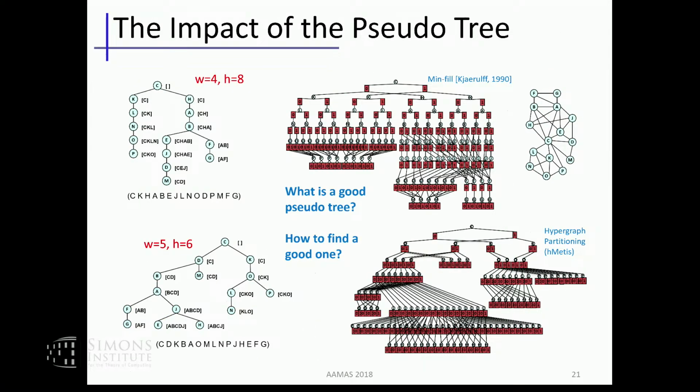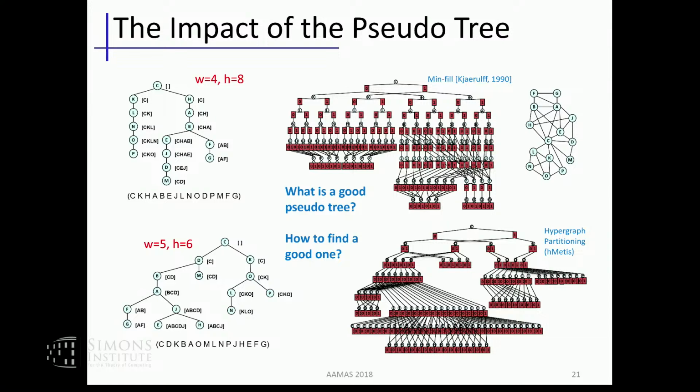Now it depends. I mean, we can have many pseudo trees, and the question of what is a good pseudo tree was explored. This is just to illustrate that for this problem graph here, you can have this pseudo tree or this pseudo tree, and the parameters, tree width and height, are different in them, and it's not so clear which of these AND/OR search graphs that this dictates would be superior.